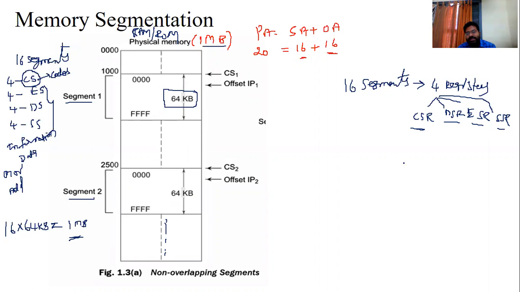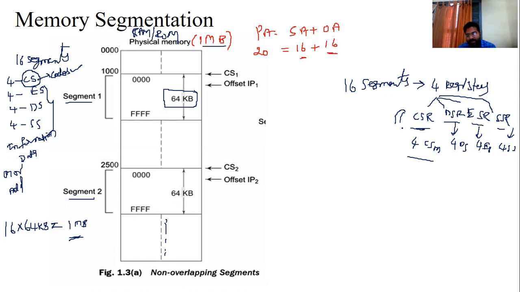Out of the 16 segments, four are code segments, identified by the code segment register. Four data segments are identified by the data segment register, four by the extra segment register, and four by the stack segment register.